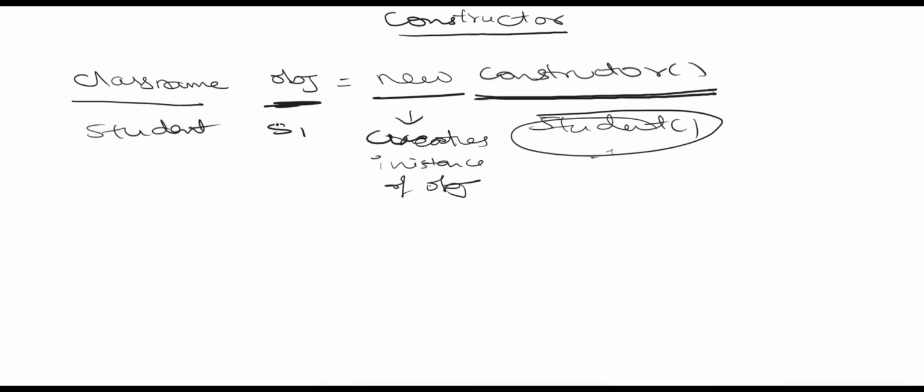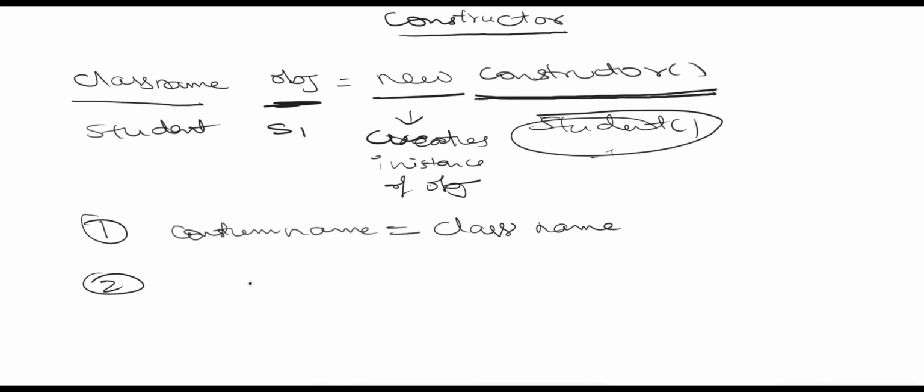Mainly there are two rules for a constructor. The first rule is that the constructor name should be equal to the class name. Just remember this. The second point is that a constructor doesn't have any return type.